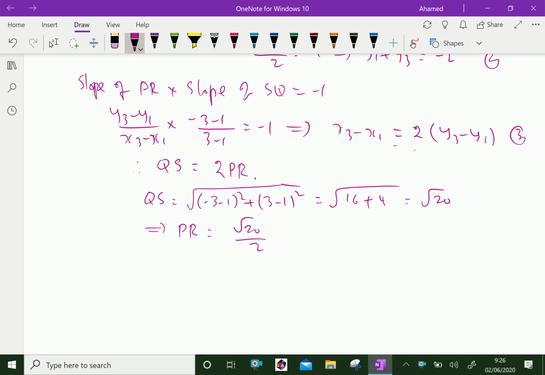Now we know that PR is the square root of (x3 - x1) squared plus (y3 - y1) squared, which equals the square root of 20 over 2.